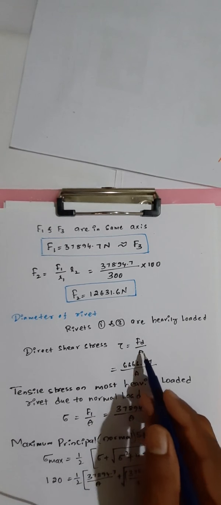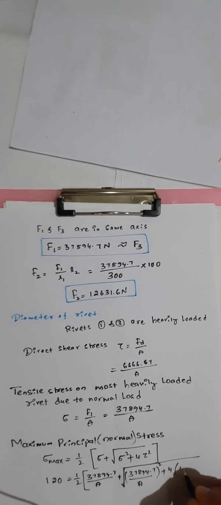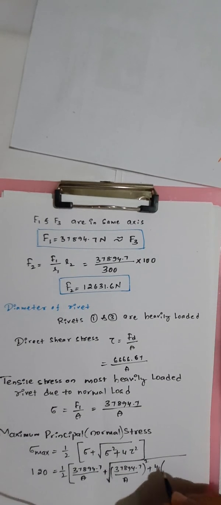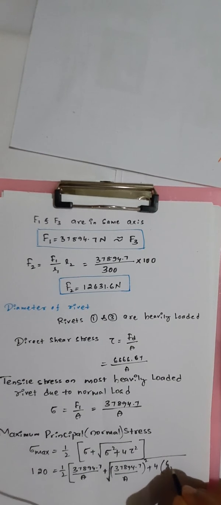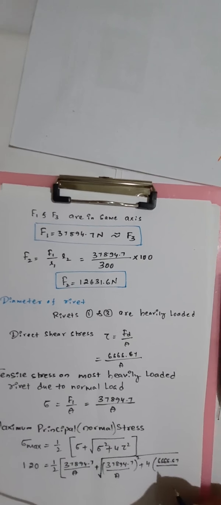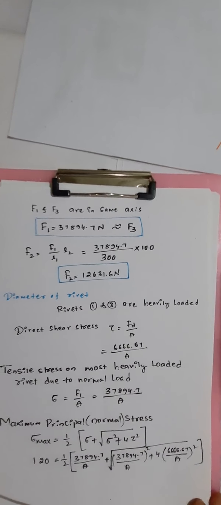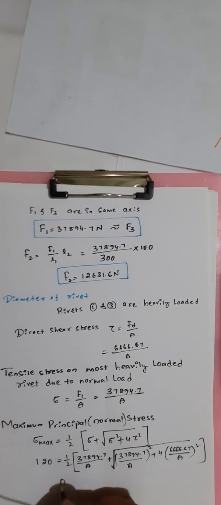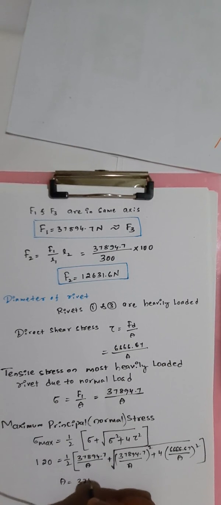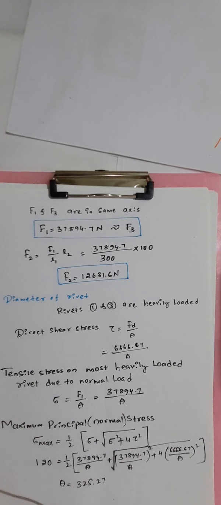The tau is equal to Ft by A, the direct shear load, that is 6666.67 divided by A whole square. If you simplify this entire term, area A is equal to 325.27.